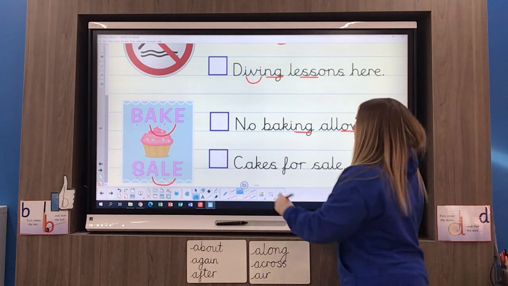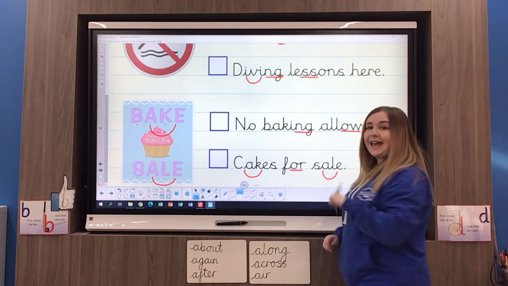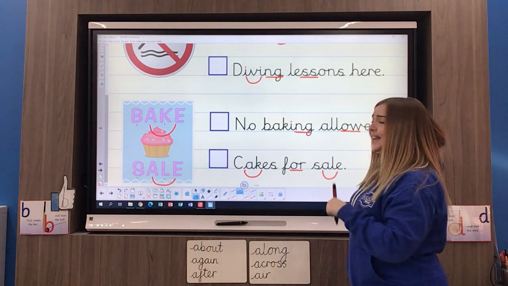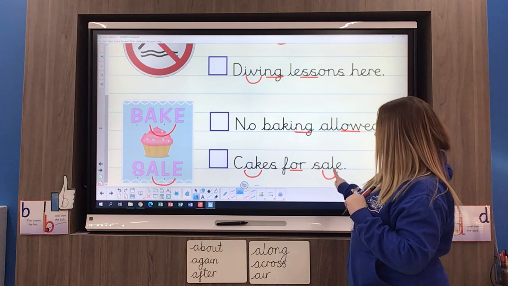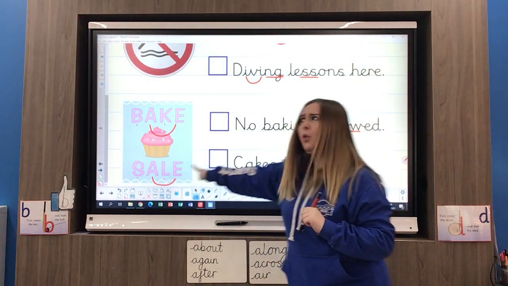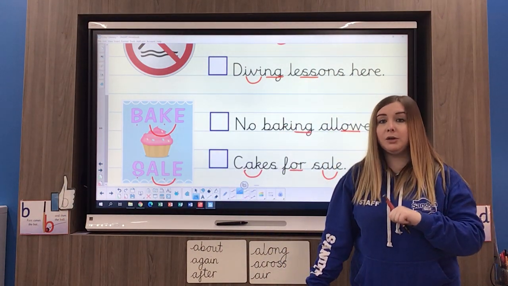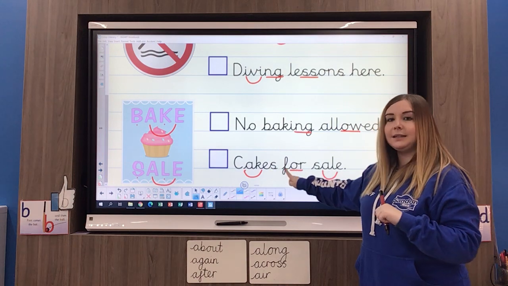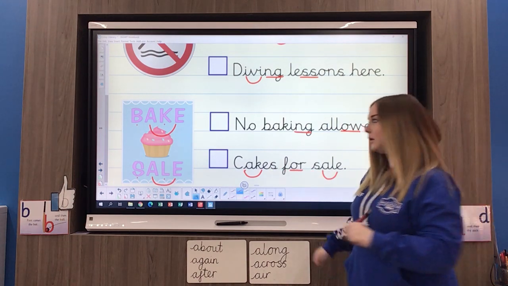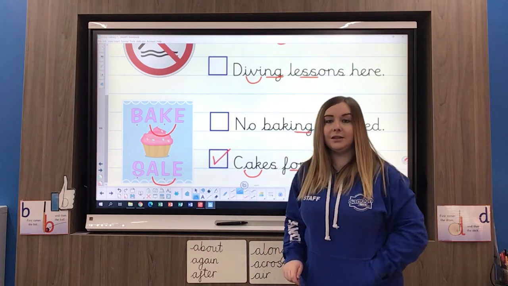Or does it mean cakes for sale? Now I can see a word in the sentence that's also in the picture, and it's the word sale. So I think this picture means cakes for sale. So I'm going to tick that sentence.